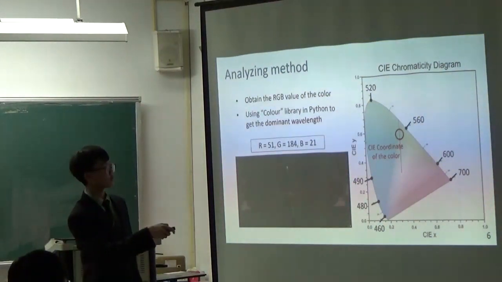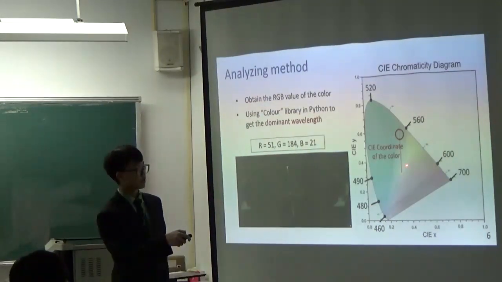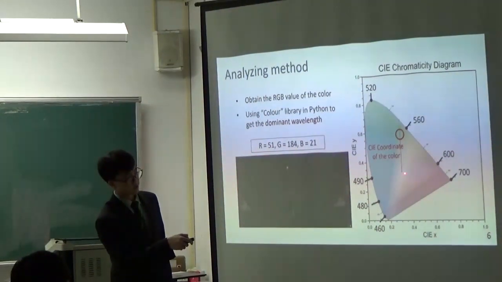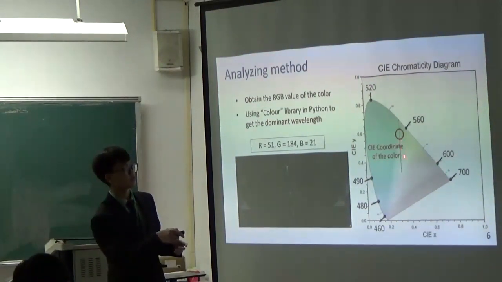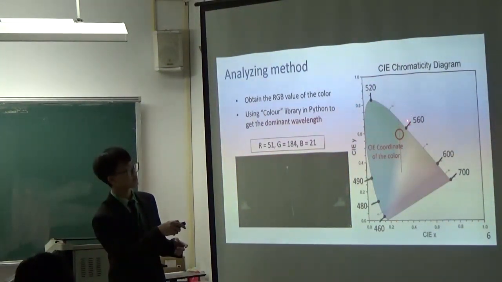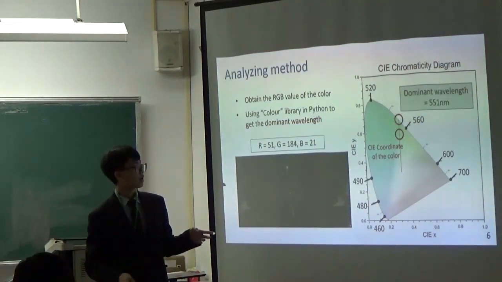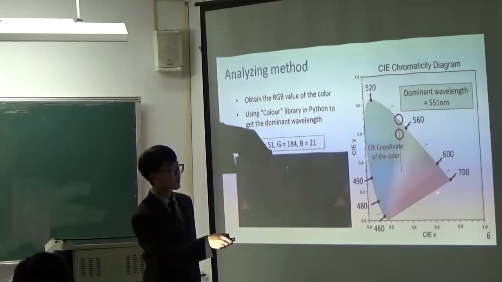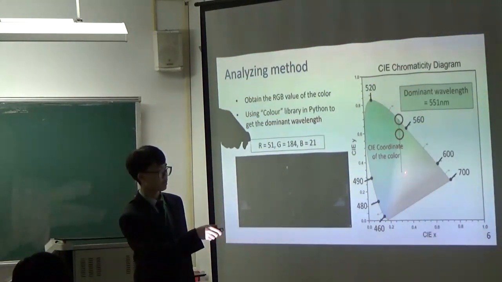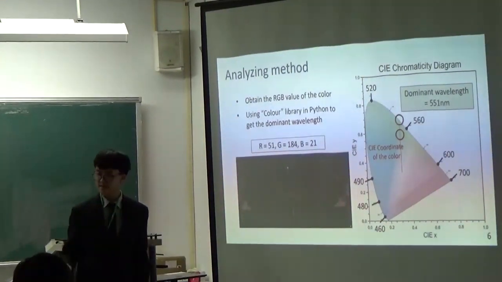If we find the position in the coordinates, and from the center of this graph we draw a line to connect it, the contacting point here is the dominant wavelength of this light. And we have to know that you can't get a wavelength of light if the contacting point connects here, and this will be explained later.